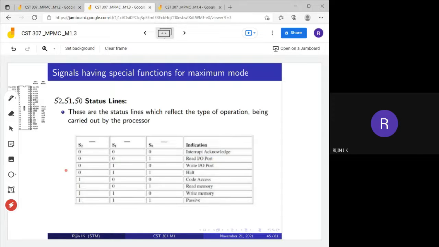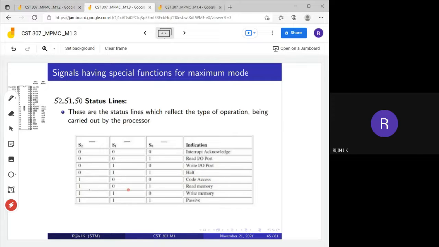Then 0, 1, 0 means a write operation to the IO port. Then 0, 1, 1 means halt. Then 1 0 0 means it is accessing the instruction code.